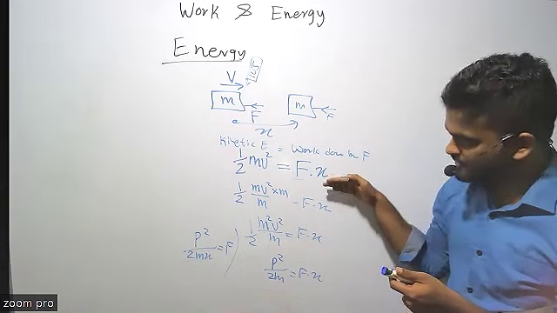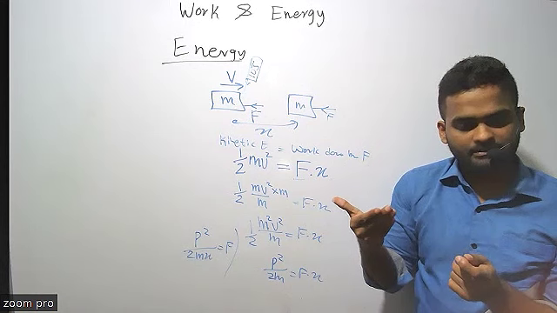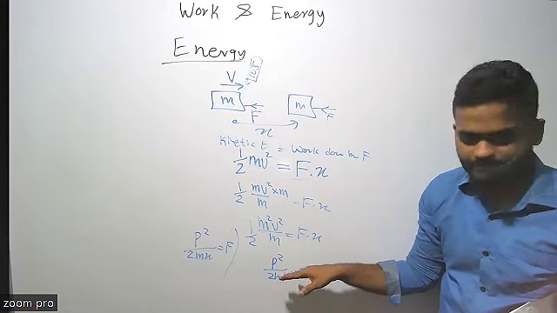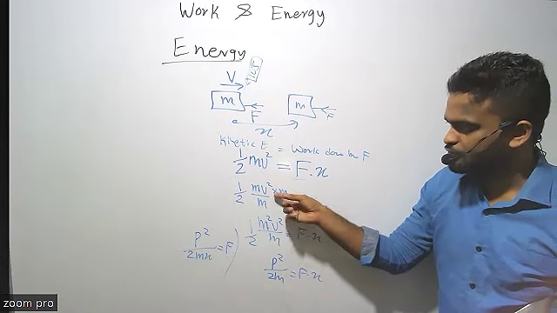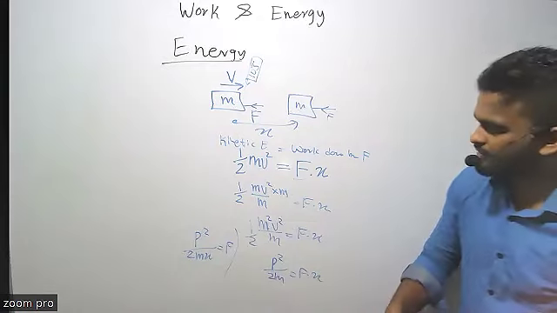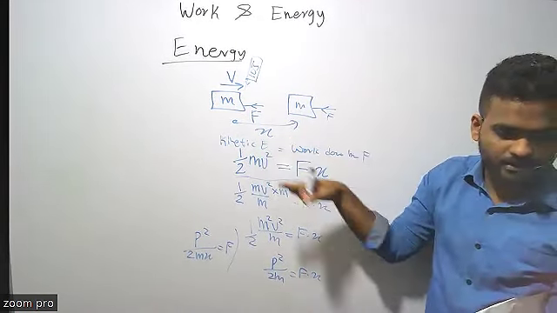Okay. After that, they are asking about momentum, right? After that, it is just a simple substitution. You have to write this in terms of momentum. After this, the theory is over. What I needed is over.